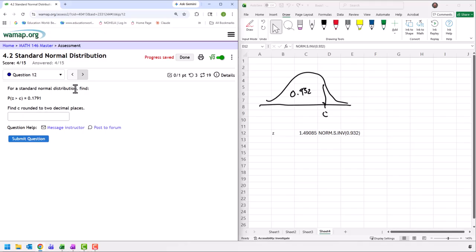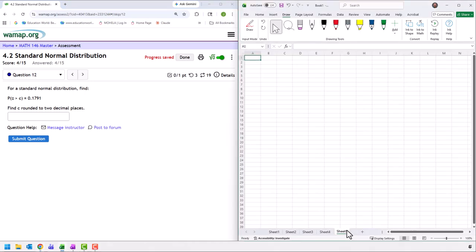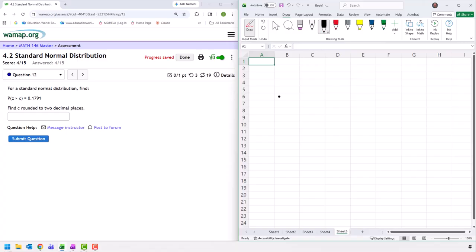So for a standard normal distribution, find P of Z is greater than C equals 0.1791. Find C rounded to 2 decimal places. So again, try my picture here. Oh, well, zoom in. Then I'll grab this. I'll try doing this with the mouse so you can see how it looks.